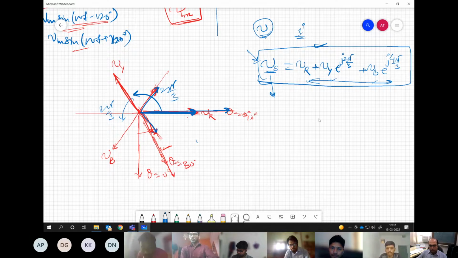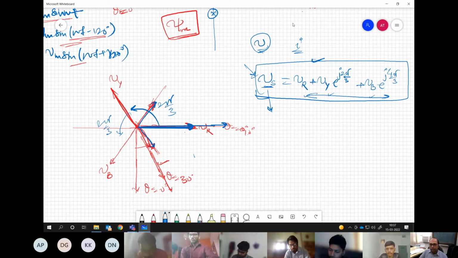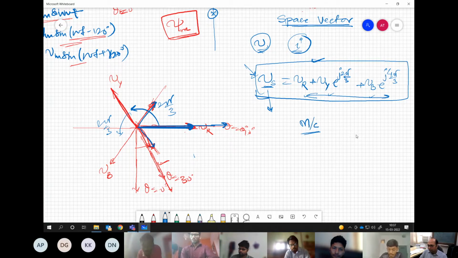So what we are trying to do over here is we are trying to have representation of this multi-phase system in terms of something which is called a space vector. So it is nothing but a mathematical representation. It's not necessary that we are going to feed this voltage to any machine or any generator or anything.